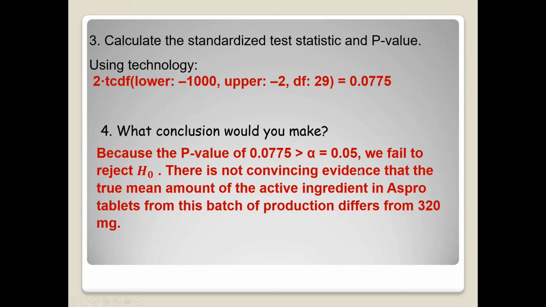Let's make a conclusion. It has to be written this particular way. You just can't say, oh, because. You have to say all the parts in there: because the p-value of 0.0707 is greater than my alpha, which is 0.05, we fail to reject my null hypothesis. Therefore, it's not convincing evidence that the true mean of the active ingredient from the batch differs from 320.